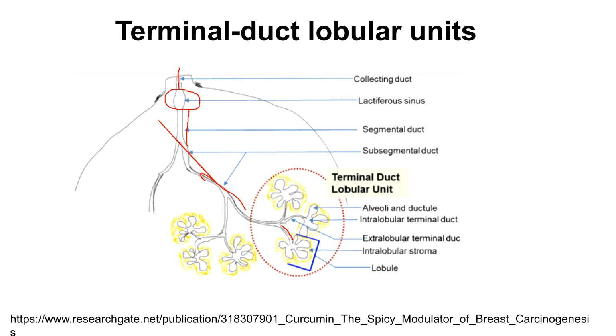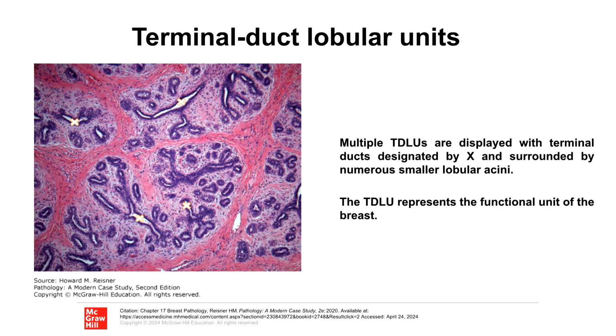This one will follow to another segmental duct and finally to the lactiferous sinus, and we have a collecting duct with an orifice in the nipple. This collection of structures belonging to the parenchyma of the breast is what we call the terminal duct lobular unit, which represents the functional unit of the breast.